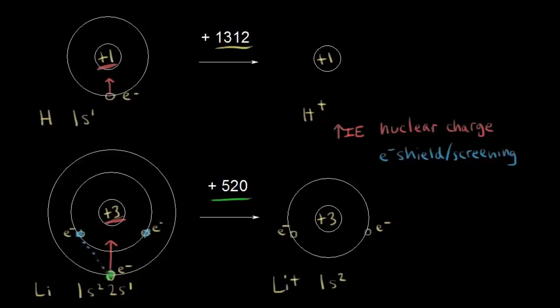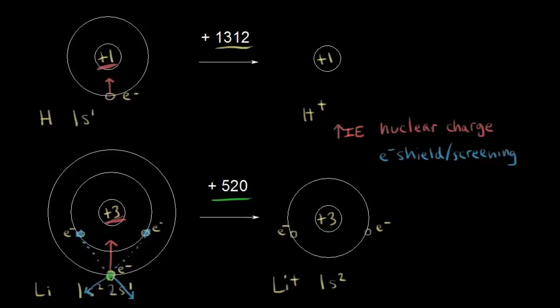So this electron in blue is going to repel this electron in green, and this electron in blue is going to repel this electron in green. And so they're going to shield that outer electron in green from that +3 charge, because electrons repel other electrons. Like charges repel other like charges.